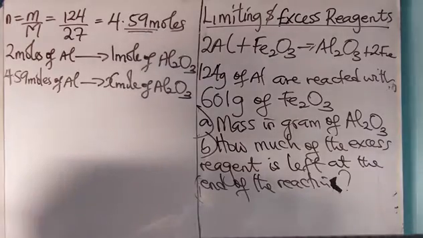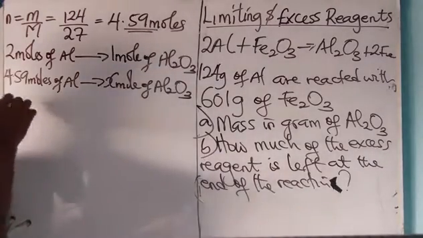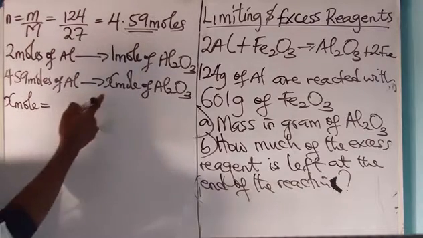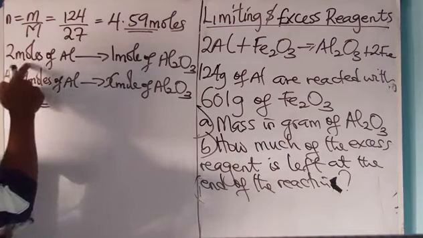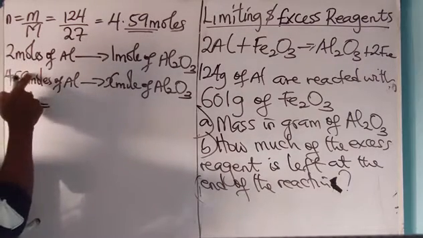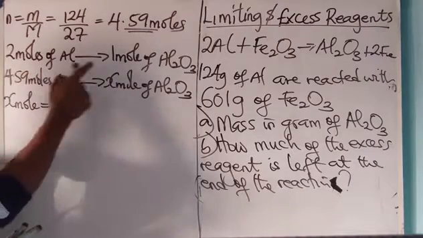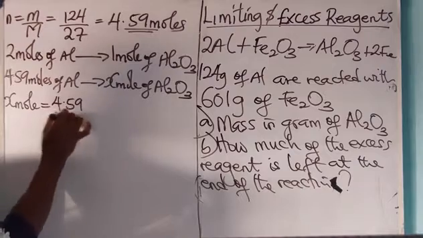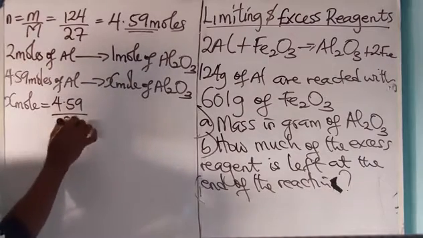Alright, so after that, what do we do next? You cross multiply. In cross multiplying, you'll have X mole equals this times this divided by this. So you say 4.59 times 1 is the same thing as 4.59 divided by 2 moles.